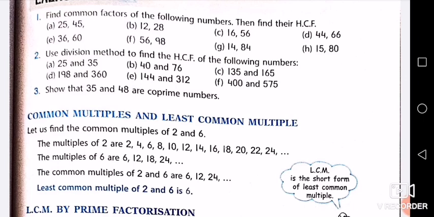What are the factors of 36? What are the factors of 60? Then how will you write the common factors? Just now we have done four questions, and just like those questions, you will do this E part also.